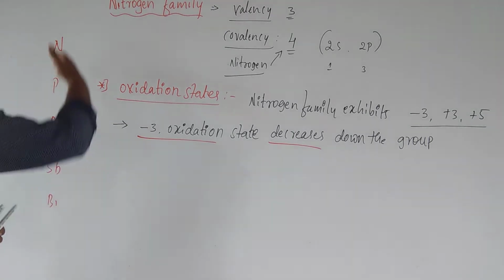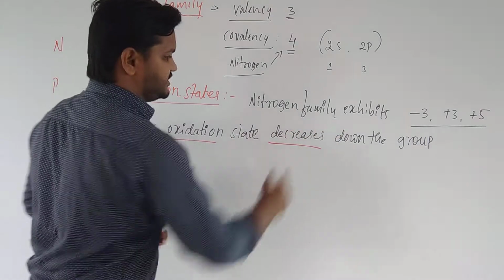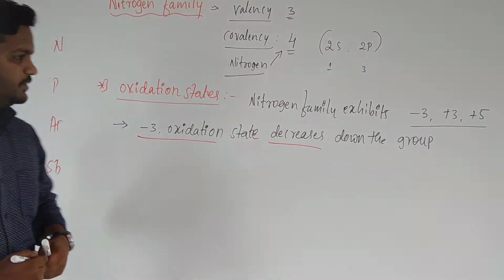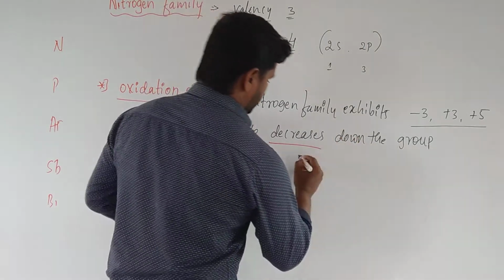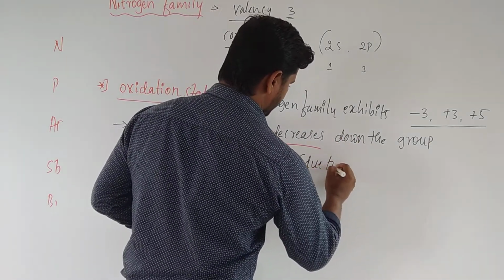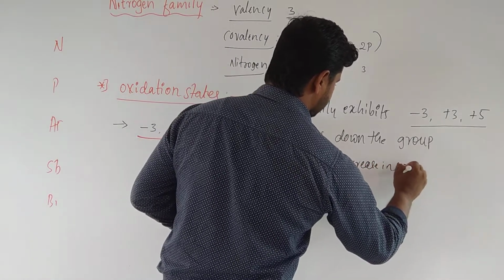When you move along the group, top to bottom, the -3 oxidation state decreases due to increase in size.